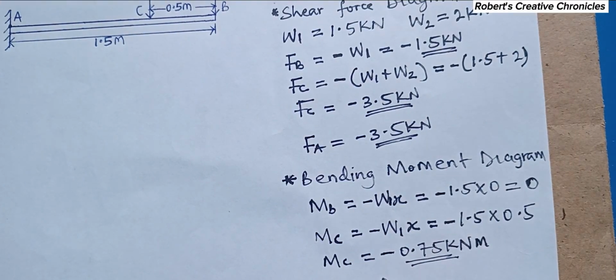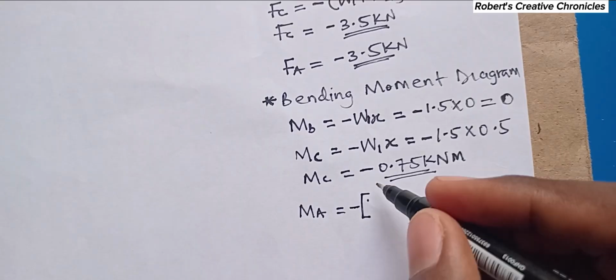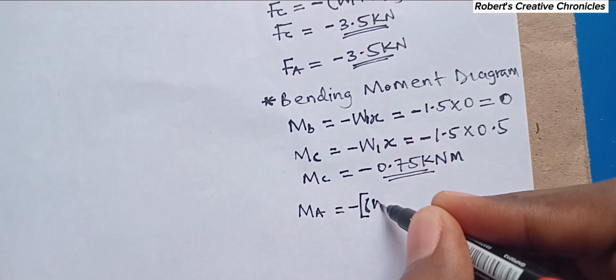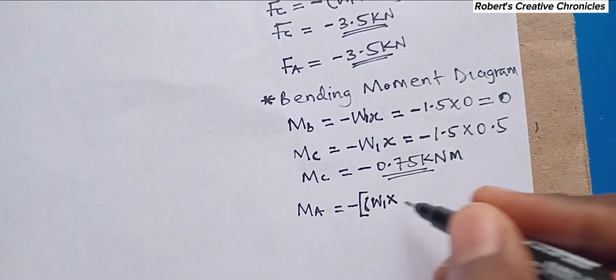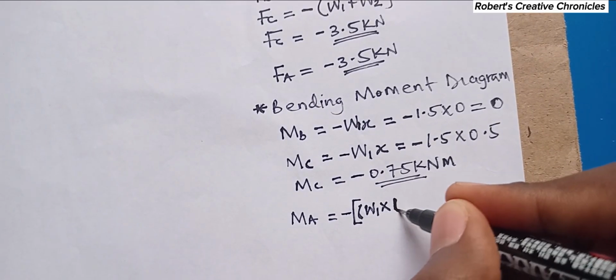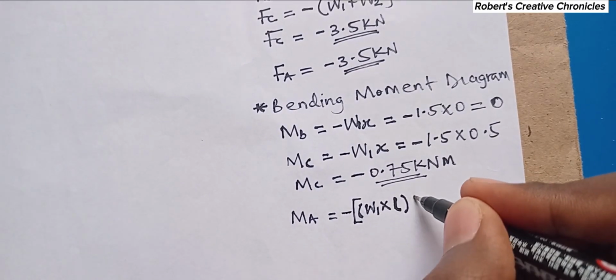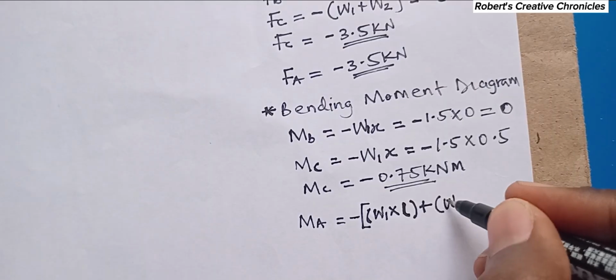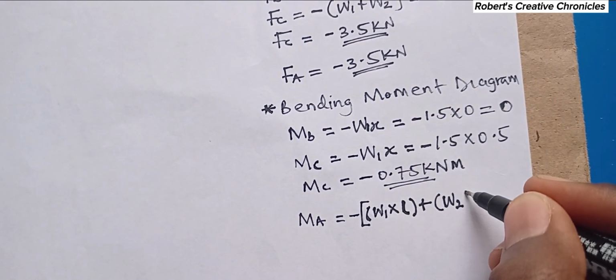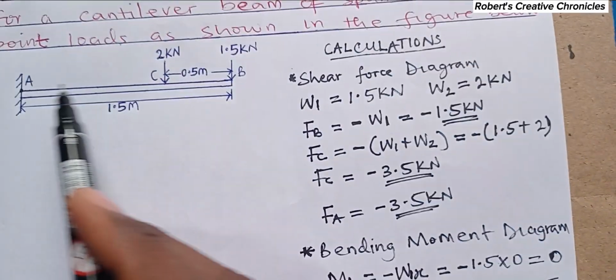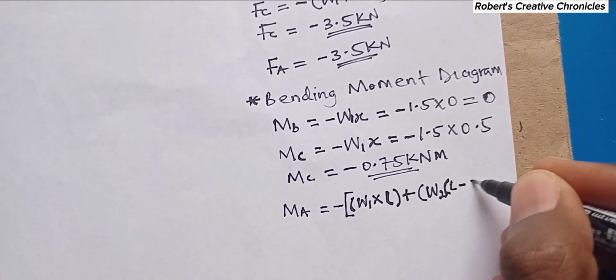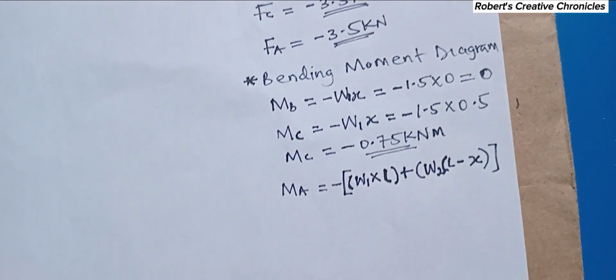Since the force acting downwards is negative, open the bracket, then W1 times L, where L is the whole length, plus, open bracket, W2, which is 2, times the distance from here to here, 1.5 minus 0.5, so it will be L minus x, then close bracket.